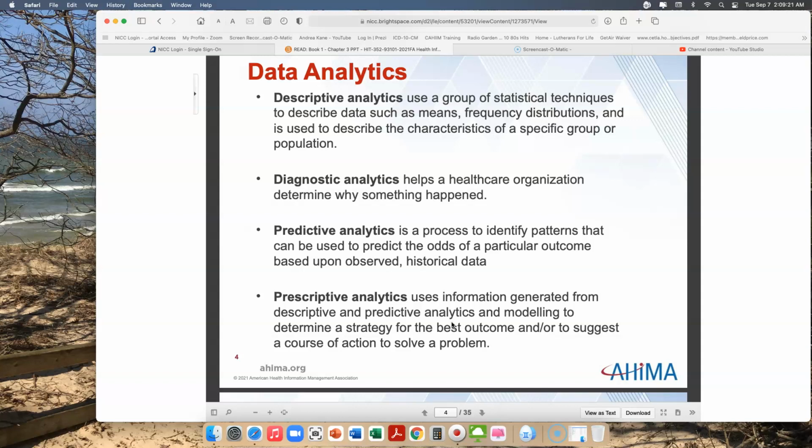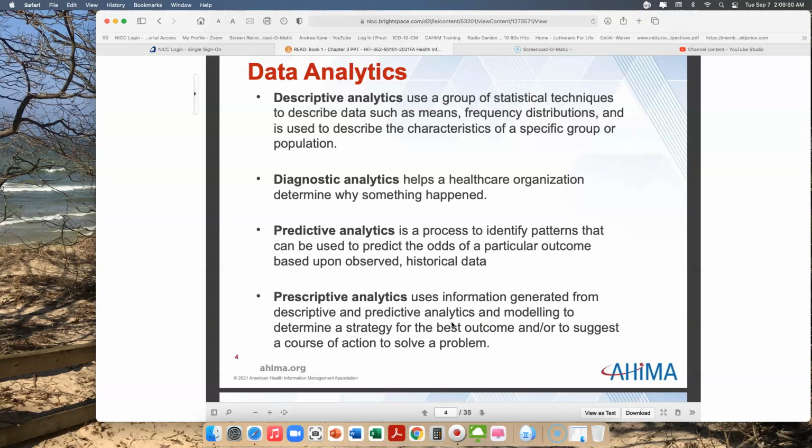So descriptive is exactly what it says. You're describing the characteristics of a specific group or population. Diagnostic is like a diagnosis. Why did it happen? How did this happen? Predictive is, are there any patterns based upon observed historical data? And can you use those patterns, once you find them, to predict a particular outcome?